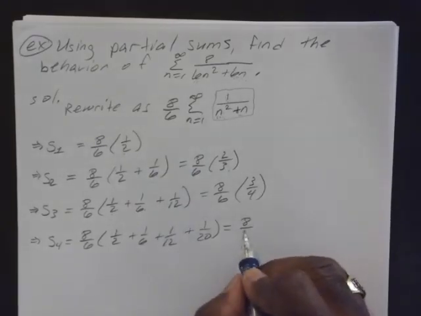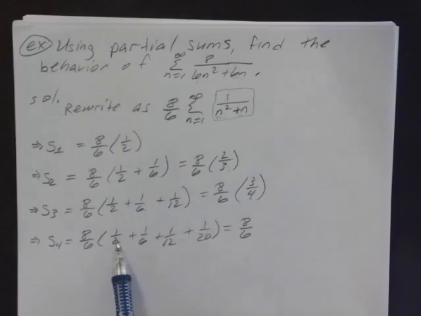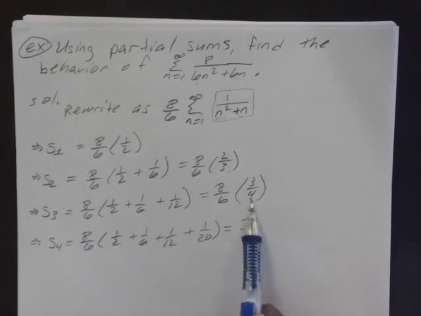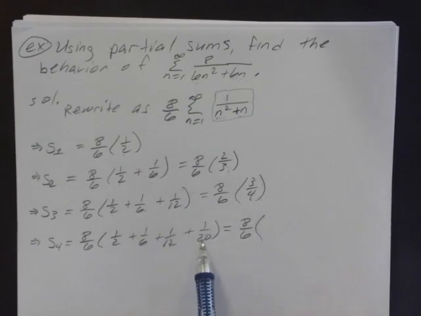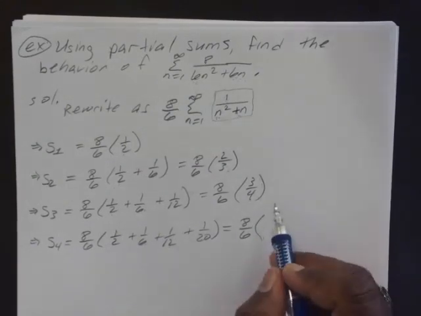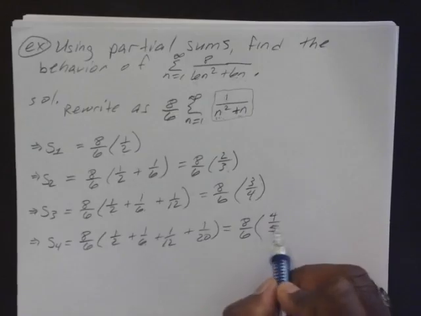So that gives us 8 over 6. And we know 1/2 plus 1/6 plus 1/12 is 3 over 4. So if we multiply that by 5 over 5, we get 15 over 20 plus 1 over 20, which is 16 over 20, which simplifies to 4/5.